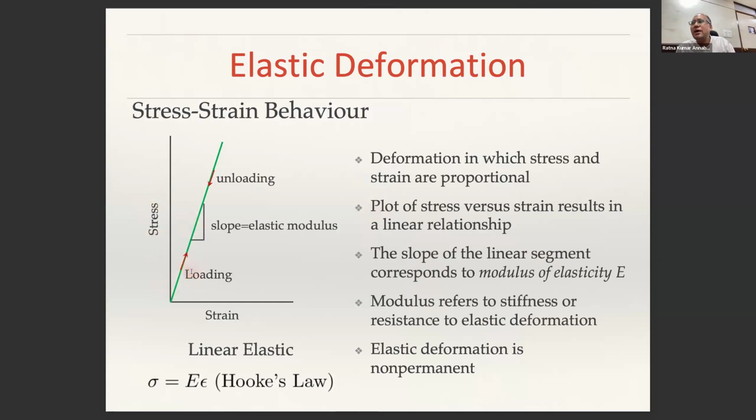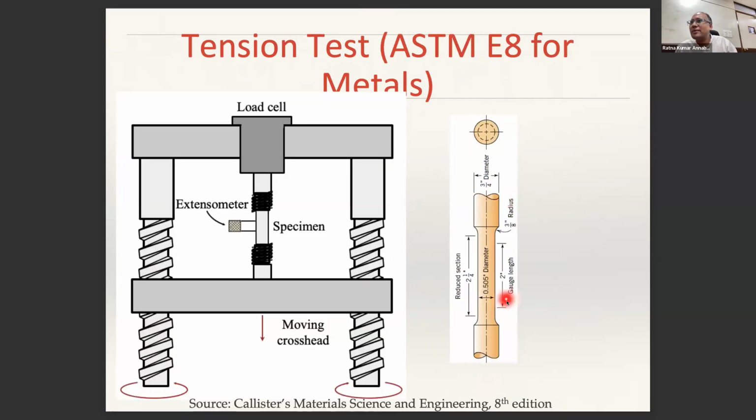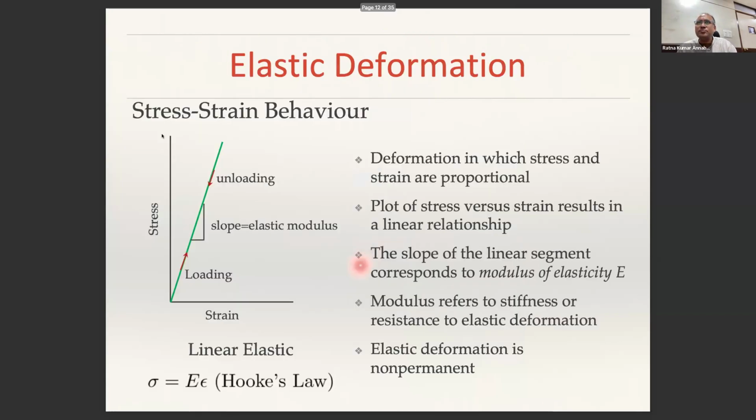As the material is deforming, the cross-sectional area changes. But if you use the original cross-sectional area, corresponding to 0.505 inches diameter, that is, π/4 times 0.505 squared, which will be a certain cross-sectional area, and divide the applied load by it, then that becomes your engineering stress. And now if you look at that graph, in the initial regime, you will have a straight line.